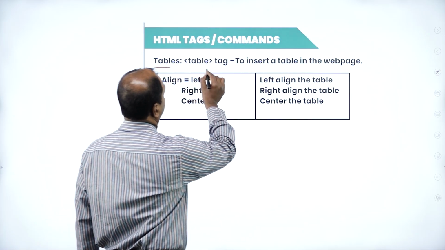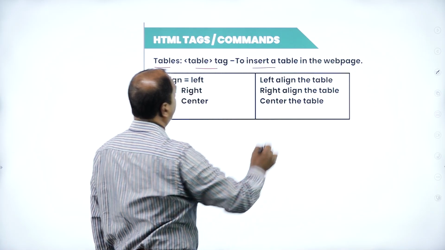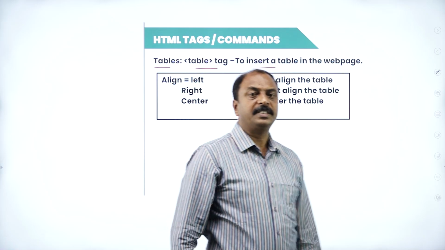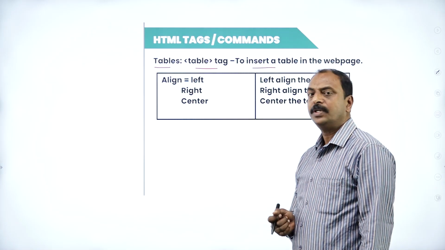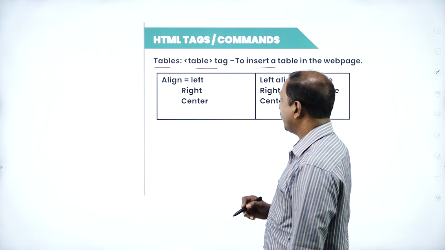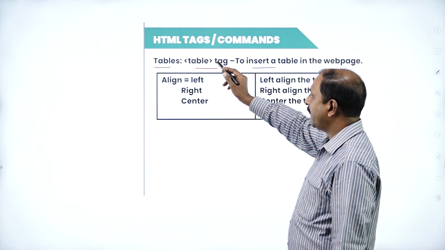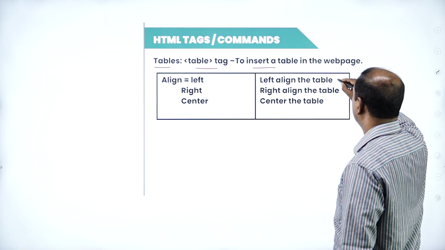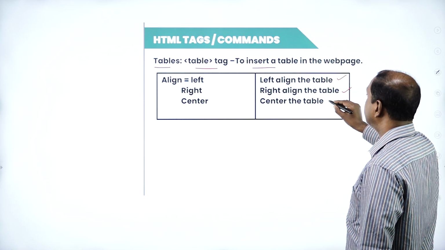Next we have tables. Now you know what tables are in general. A table is a combination of rows and columns. So it is possible to display information in the form of tables in HTML, using table tags. Under the table tag we have different attributes: left align the table, right and center.